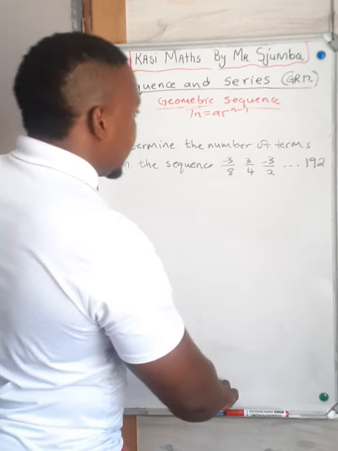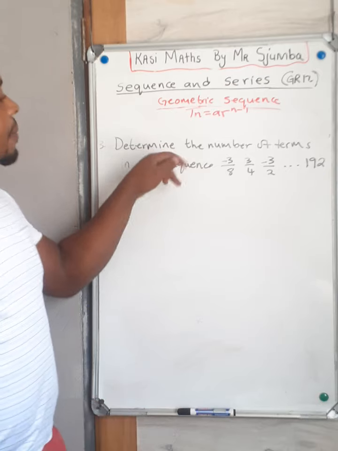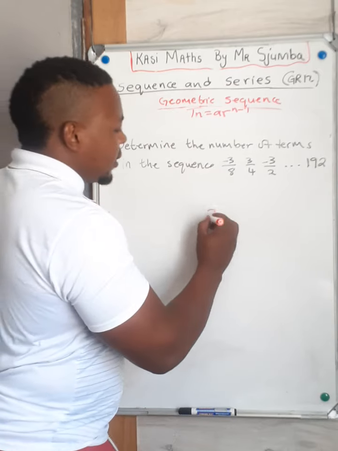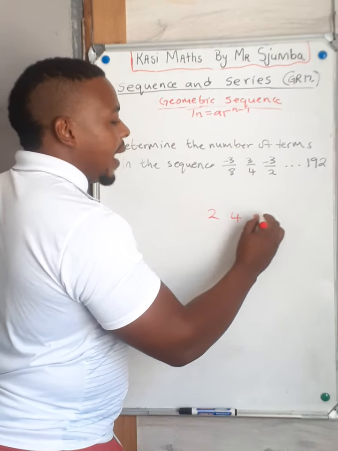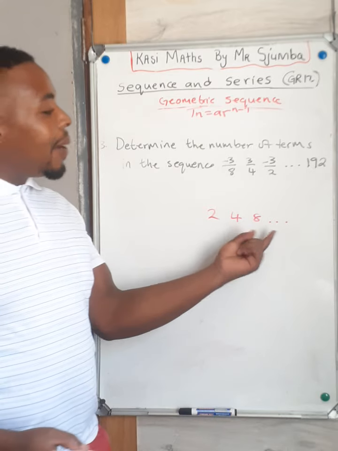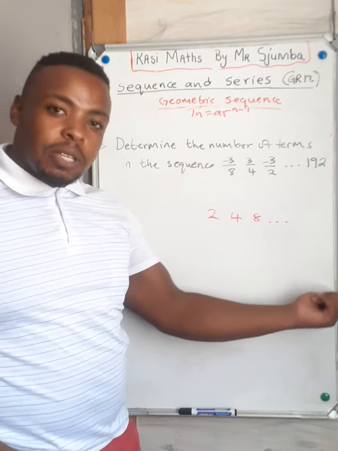Right, so here the last question for the geometric sequence: we should determine the number of terms. So let's say we have 2, 4, 8, and so on. The dots mean the terms continue, we don't know where they end.